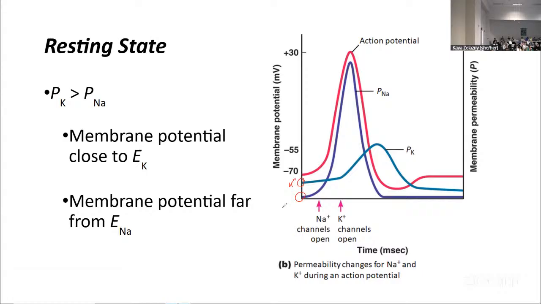They're labeled over there, but I'll label them at the beginning as well. This is why our resting membrane potential is closer to where potassium wants it to be, closer to the equilibrium potential for potassium, far from sodium's equilibrium potential.